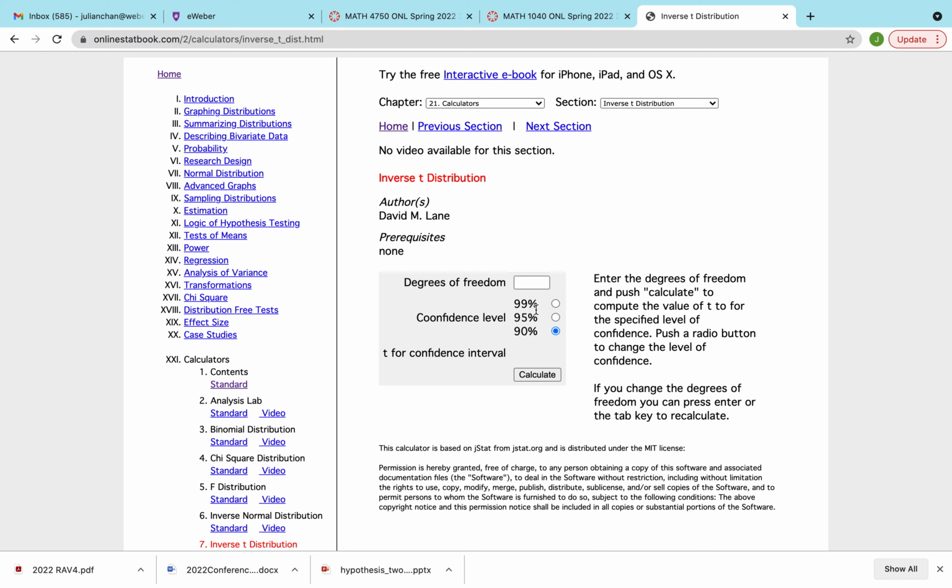Because it was one-tailed, we'll use the 95, and we'll have 39 degrees of freedom. So 1.68 is exactly there, and this should read 1.68 here, and so we also fail to reject.